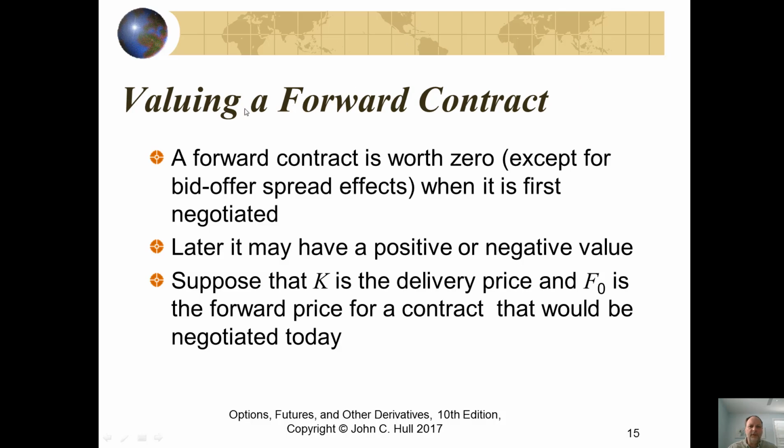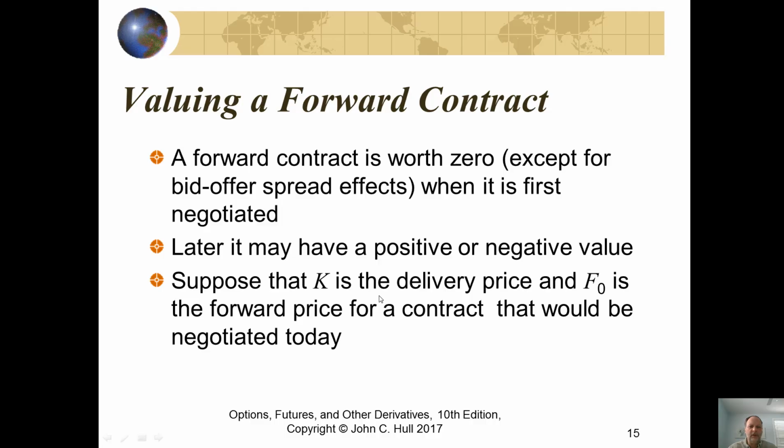Valuing a forward contract. Well, a forward contract is initially going to be worth 0 when it's signed by both parties, except for the possibility of a bid-ask spread. Later, it may have a positive or negative value depending on how prices have changed.